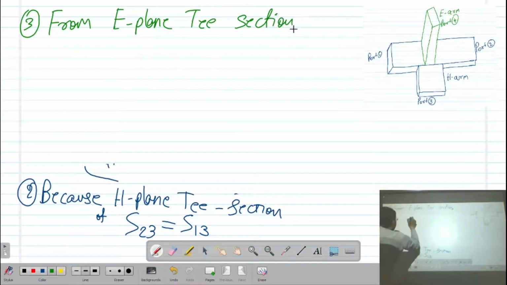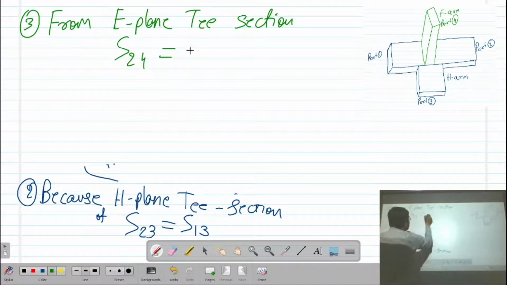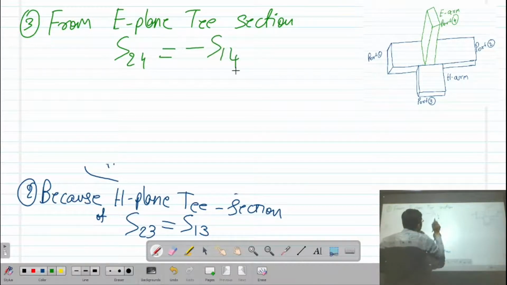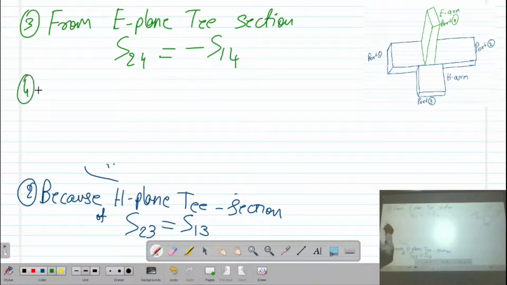Due to the E-plane T section, E-plane property, we will have S2 of 4 equal to minus S1 of 4. Okay.